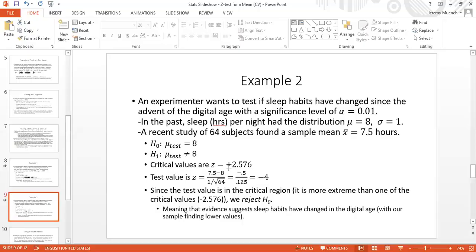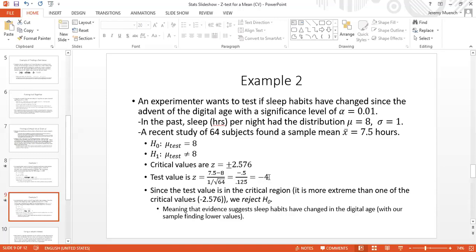Our test value is 7.5 minus 8, sample mean minus our assumed mean, over the standard deviation, 1, divided by root 64. So here we get negative 0.5 over 0.125, which gives us negative 4.